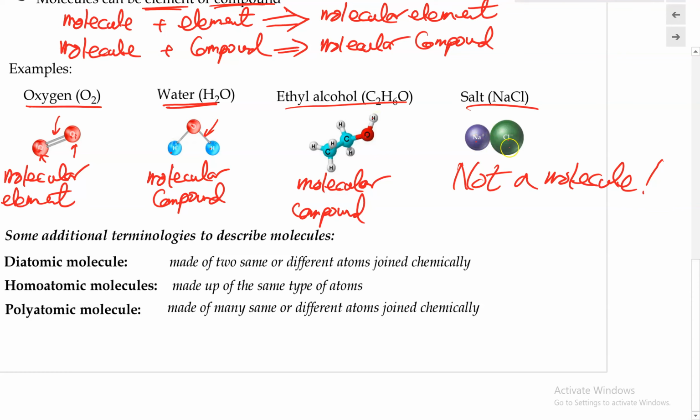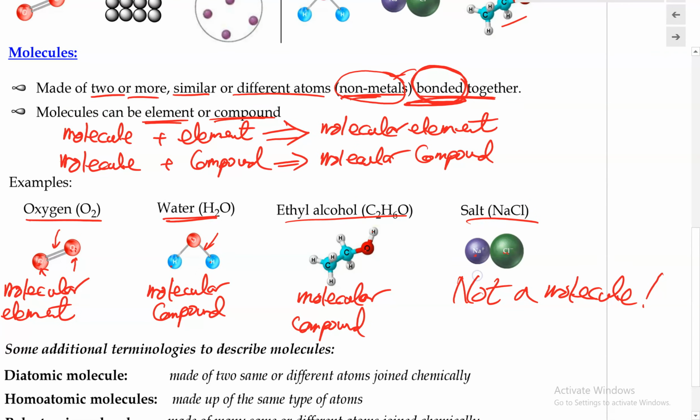Now the sodium and the chlorine are basically bonded together, but they form the ionic bond, and we'll discuss that ionic bond later. But for the most part in here, there's no typical bond that we are referring to right now that connecting these two atoms together. And because these two atoms are not bonded together by a line, so therefore this is not a molecule.